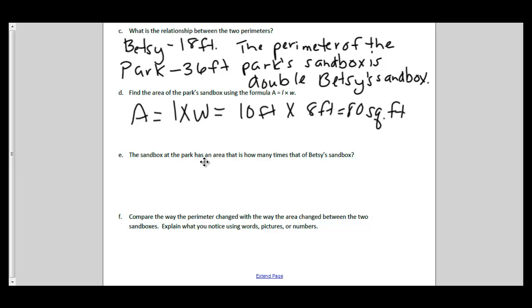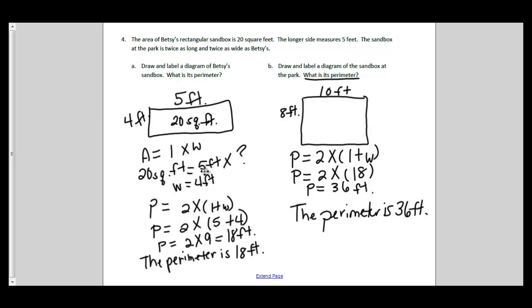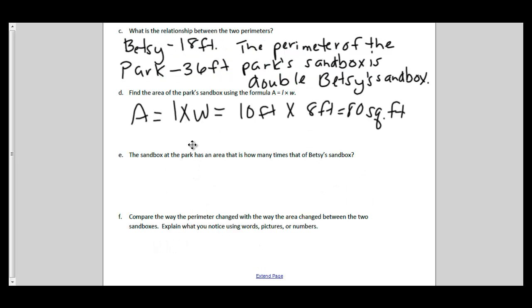The sandbox at the park has an area that's how many times that of Betsy's sandbox. So let's go back and look at the area of Betsy's sandbox. So the area of Betsy's sandbox is 20 square feet.